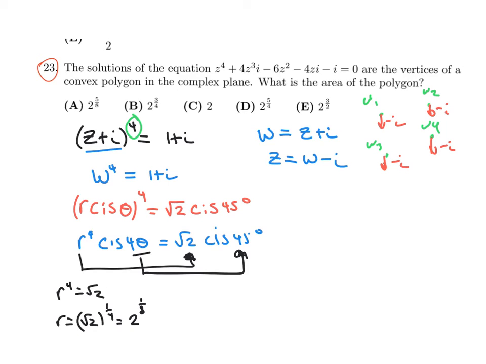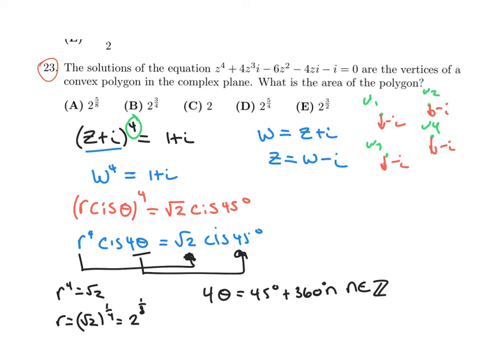Okay, and then if I go ahead and set these equal, I know that 4 theta is equal to 45 degrees plus any coterminal multiple of that. So plus 360n, where n is an integer.